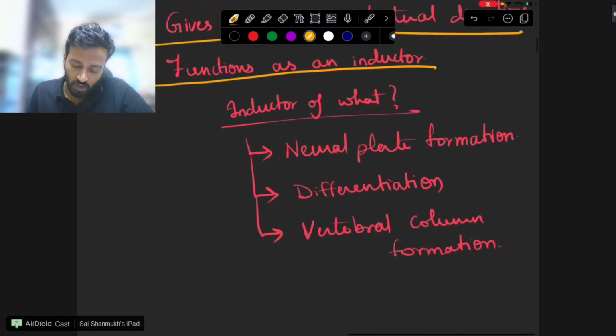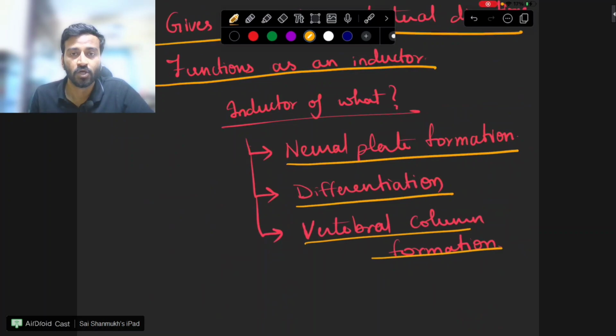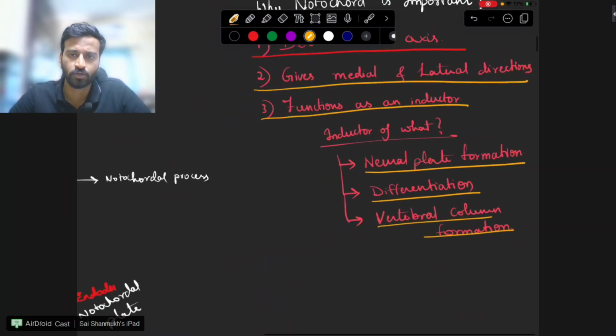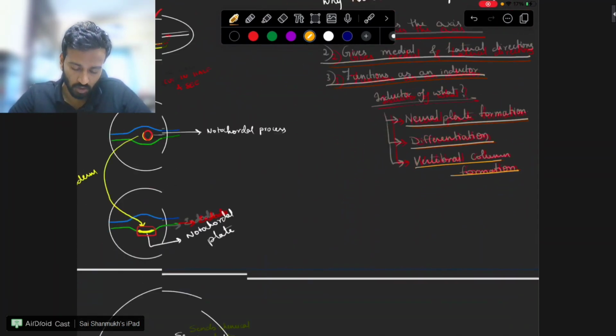The neural plate formation, differentiation of cells, and vertebral column formation. So this notochord produces multiple signals or chemicals that induce all these. This is just the tip of the iceberg of what the notochord can do. As we know, notochord remnants in adults are the nucleus pulposus of the vertebral column.